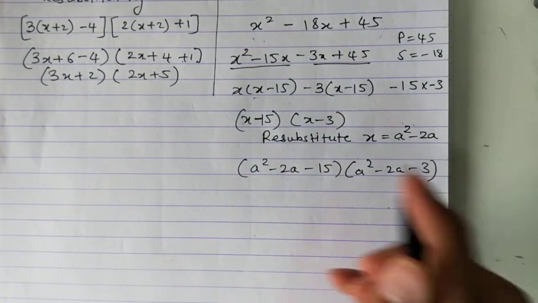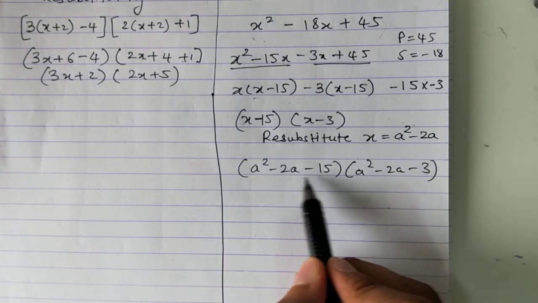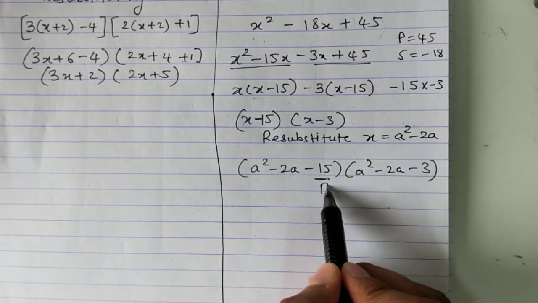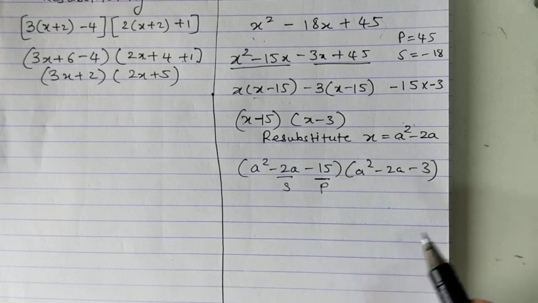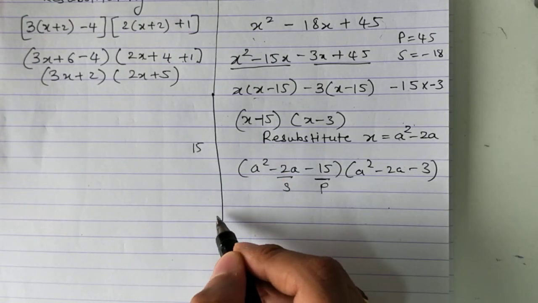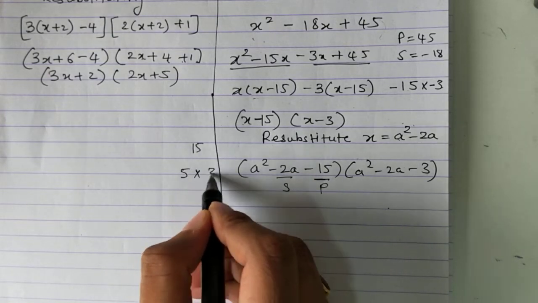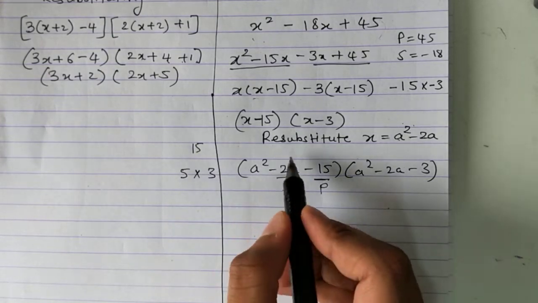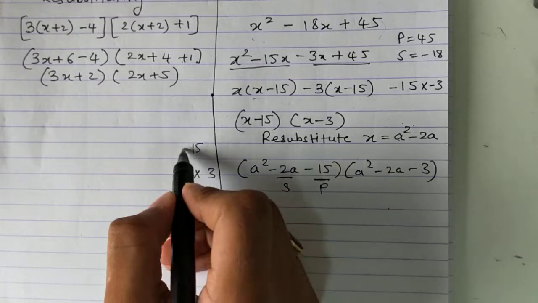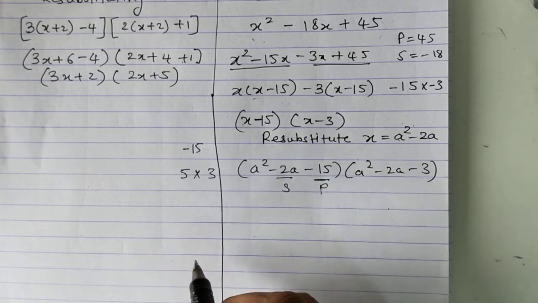See, so one by one we'll do. First, in this case, this should be the product and this should be the sum. So I want 15 as the product. So how can I multiply 15? 5 into 3 is 15. Easy. And I want minus 2. I want minus 15 and I want minus 2. When I add them, I should get minus 2.